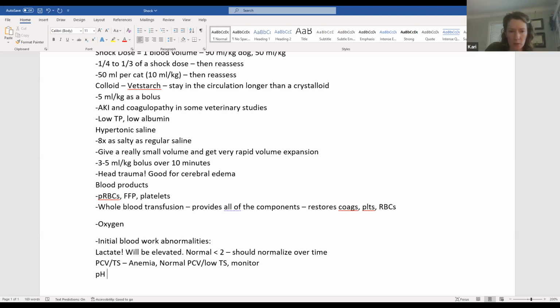The last thing that I wanted to talk about in terms of initial blood work abnormalities is pH. I know this is not necessarily something that we talk about a lot collectively as a group, but running blood gases on these guys is really important to quantify or objectify their level of shock. A low pH, which is acidosis, is very classic in shock.